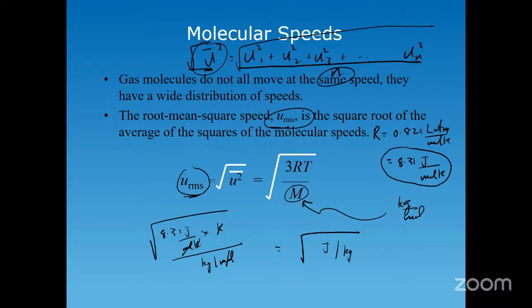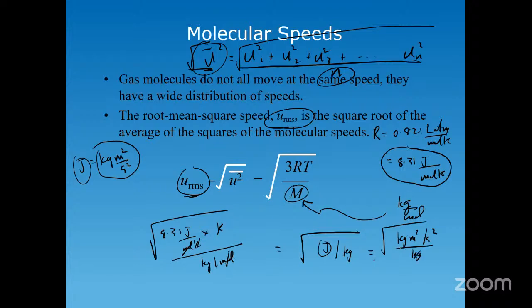Now, the thing about the joule unit, and you're going to learn this in the next chapter, is that the joule is the same thing as kilograms meter squared over second squared. If you put that in where joules is, you get the square root of kilograms meter squared over second squared divided by kilograms.